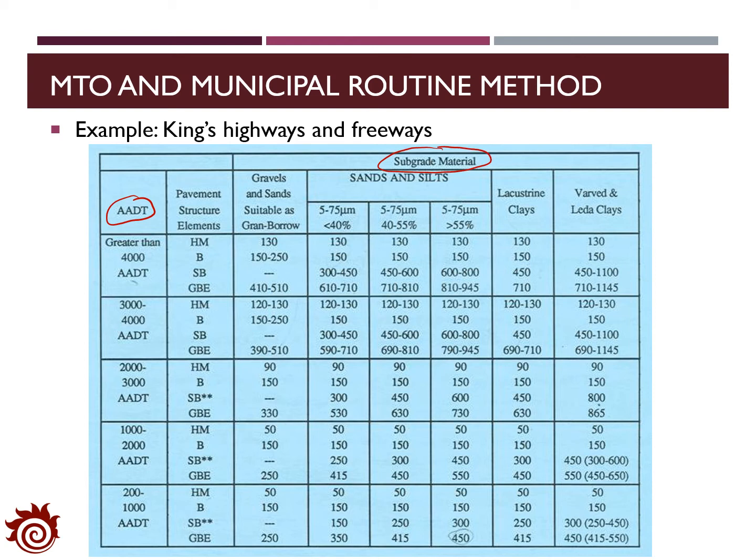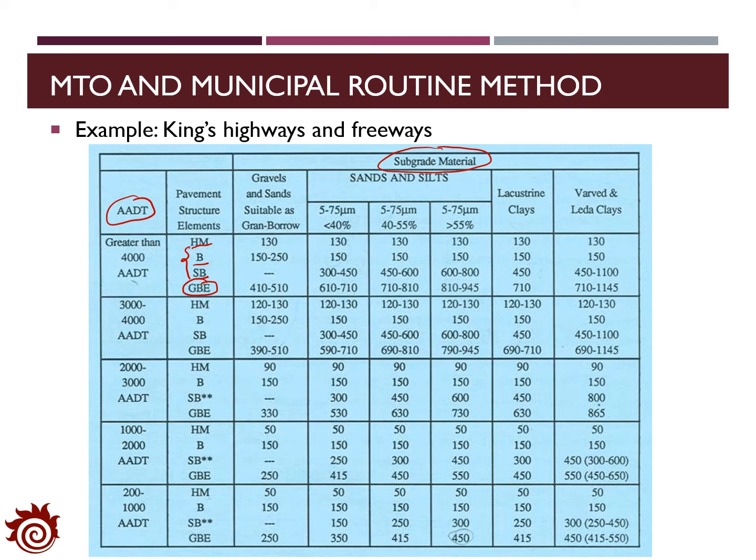Depending on the AADT, we will have the thickness design for different layers of the pavement structure. Usually for the pavement structure, we have to consider the hot mix asphalt layer, the base layer, the subbase layer, and we need to convert them to the thickness with respect to the GBE factor.